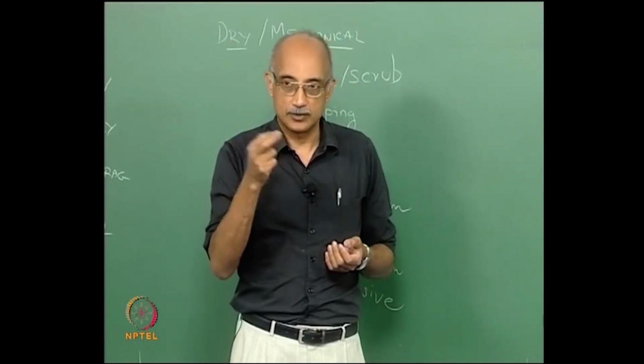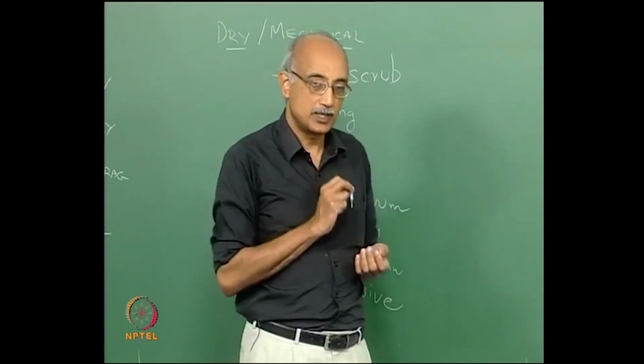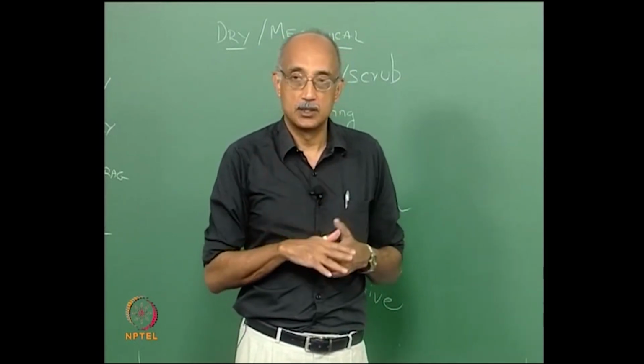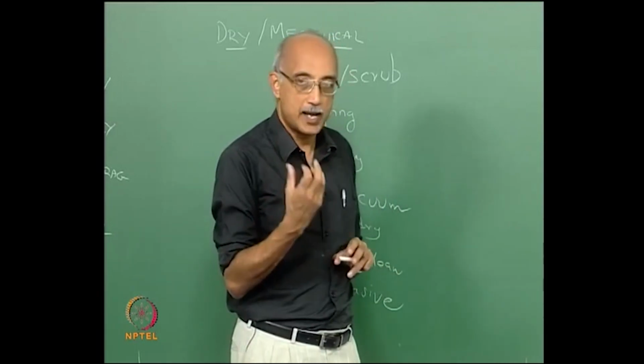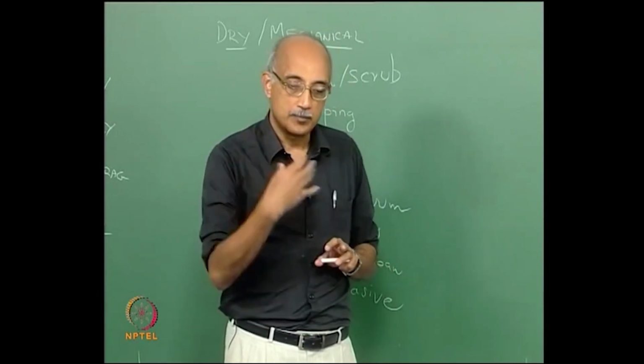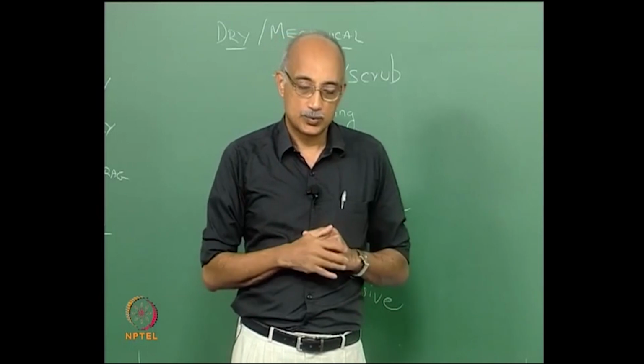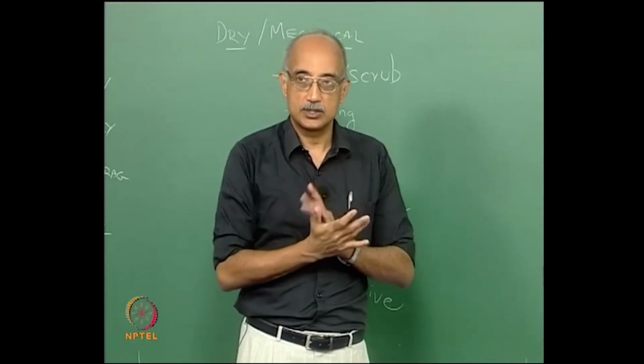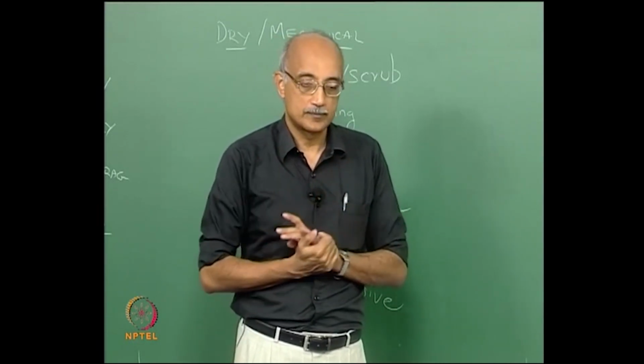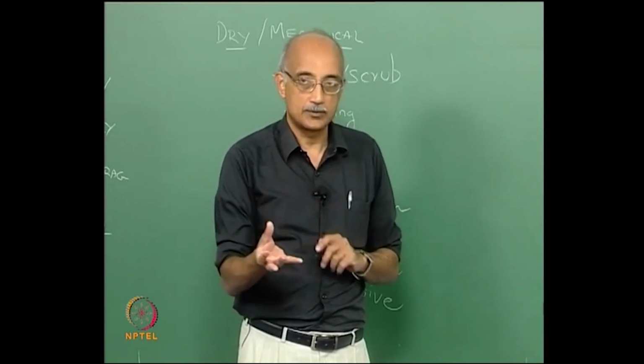So, abrasive cleaning is a process that is extremely aggressive. You are taking material that has high mass and kinetic energy and impacting the surface with it, which will essentially transfer that kinetic energy to whatever it impacts upon, and it will knock off material from the surface.